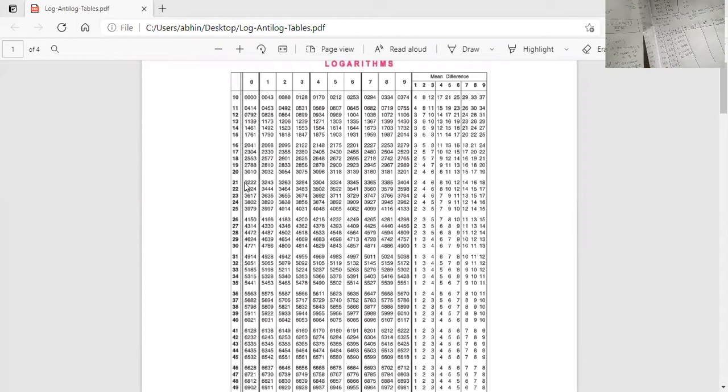Then for 175, the 17th row, fifth column, that is 2430, so 2.2430. Next 220, that is 2.3424. These are the log values.